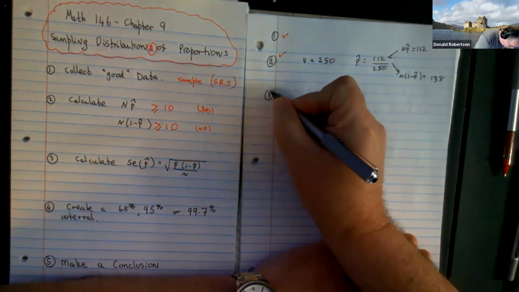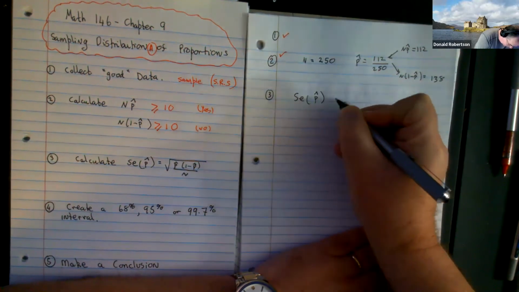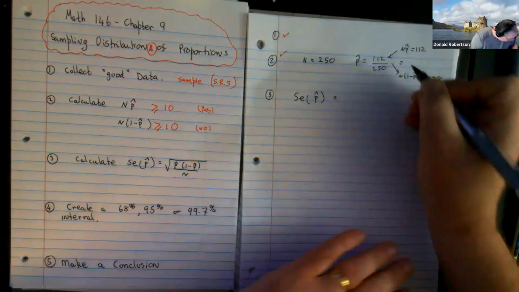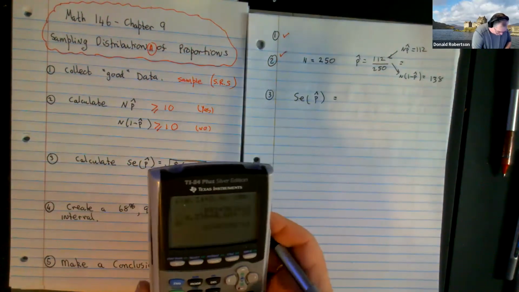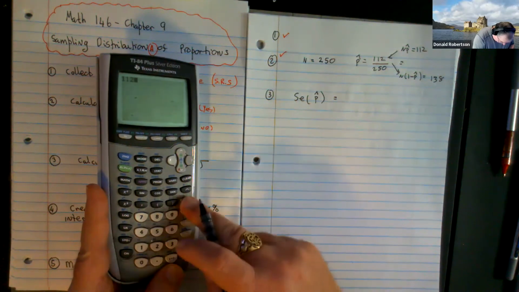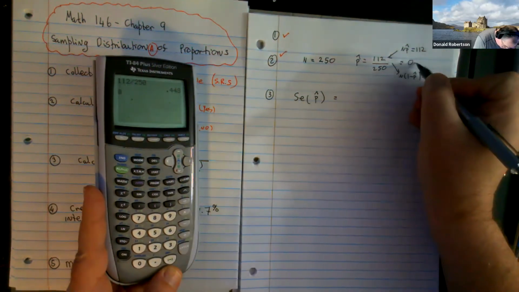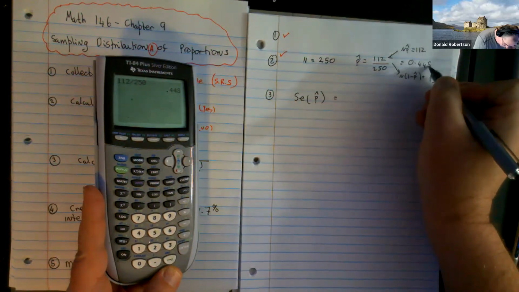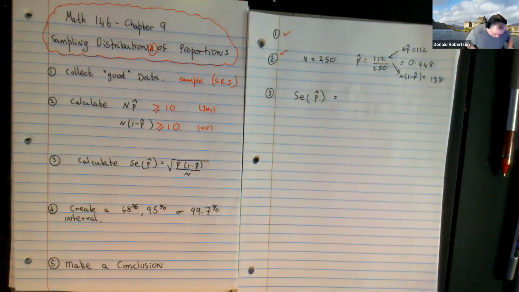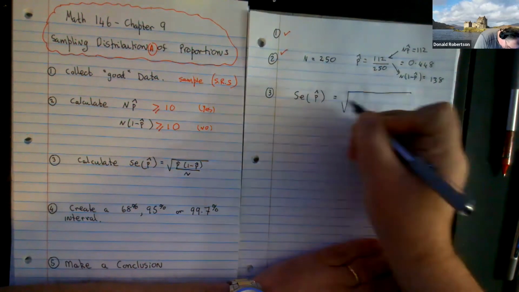Moving on, next thing we do is we calculate the standard error. In this case, I'm going to turn this into a decimal. It's just so much easier to work with decimals. So 112 divided by 250 is 44.8%, if you prefer. And there is a formula for the standard error.